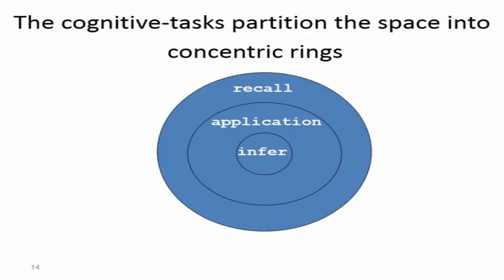The cognitive task facet was found to partition the same space into concentric rings, each containing variables of a single cognitive task, either recall or replication or inference of a rule.